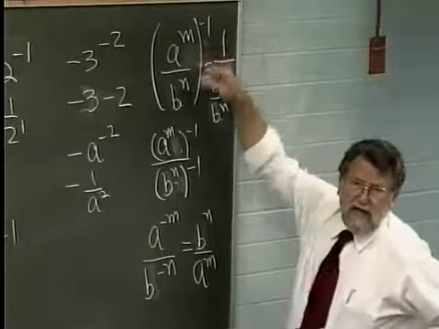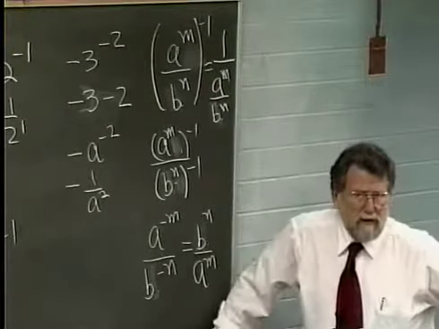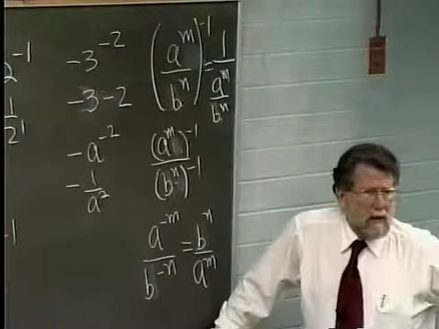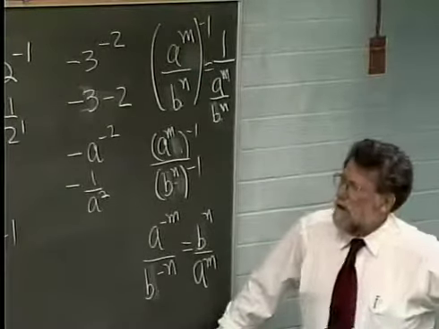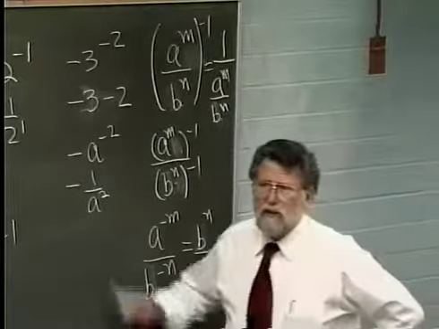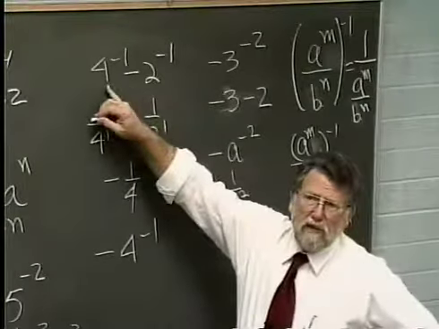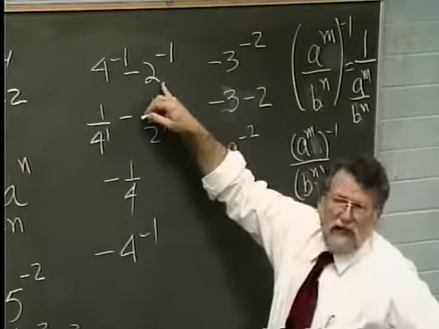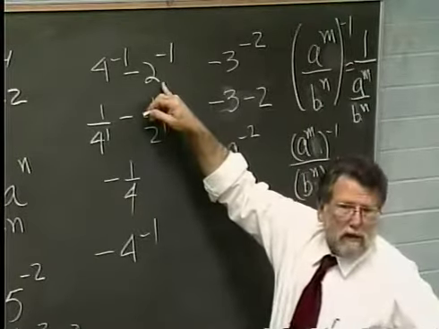Because a minus 1 says take the reciprocal of something. So if I say that I have a number to the minus 1 power, like we did 4 to the minus 1, that says take the reciprocal, 1 over 4. 2 to the minus 1 says take the reciprocal.